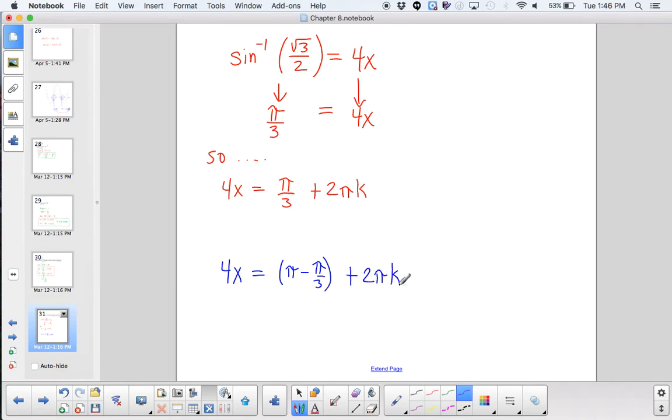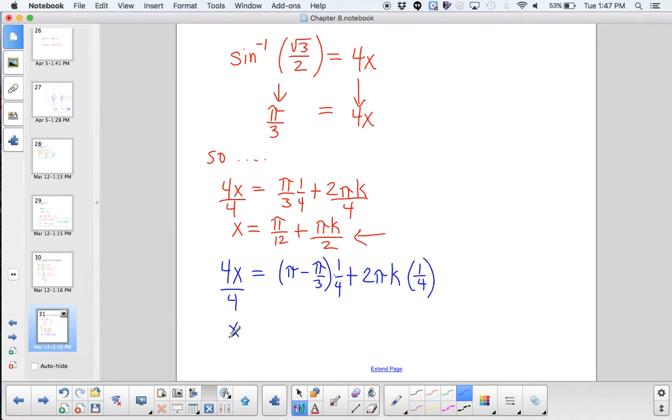And when we simplify each one of these, we would get our final equation. So here I would divide everything by 4, which is the same as multiplying by a fourth here. Divide by 4. And so I would get x is equal to pi over 12 plus pi k over 2. That's one equation. And then my second equation would be divide everything by 4 again, or multiply by a fourth.